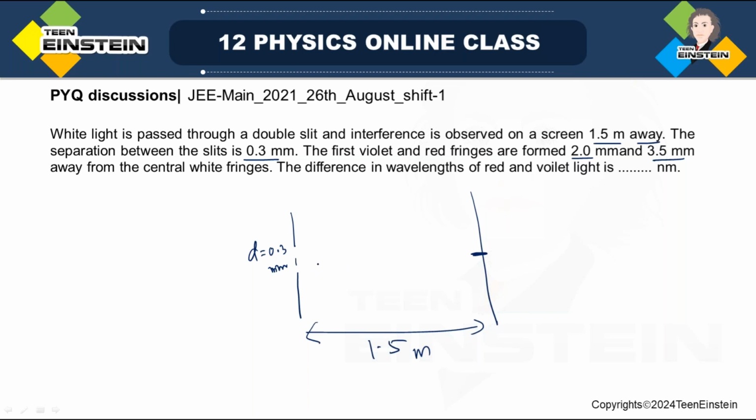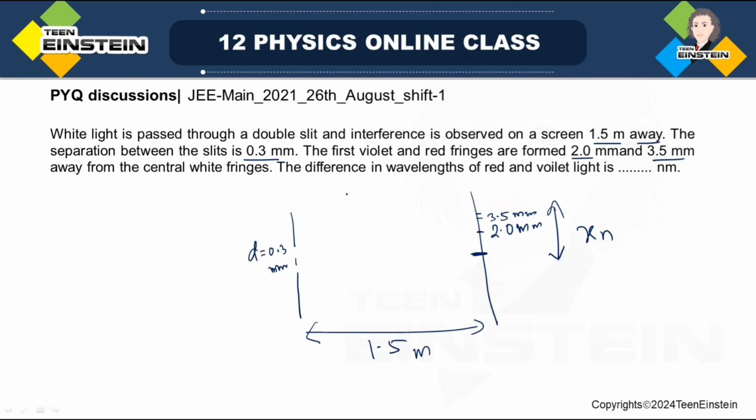Look here, violet is seen somewhere 2.0 millimeter away from the central fringe, and red is 3.5, almost here, so 3.5 millimeter away. These are the distances which we write as xn.